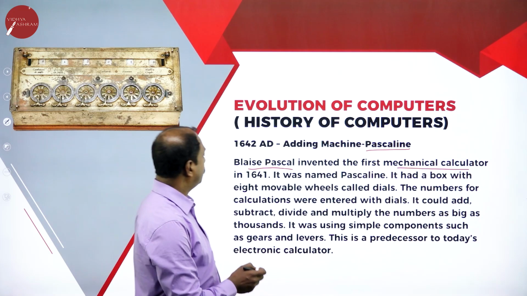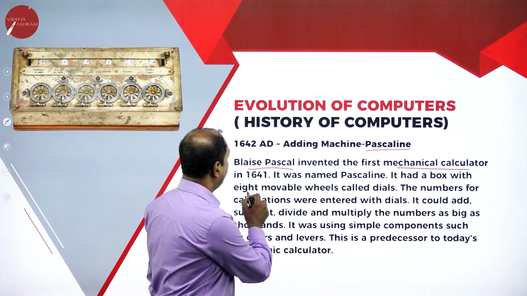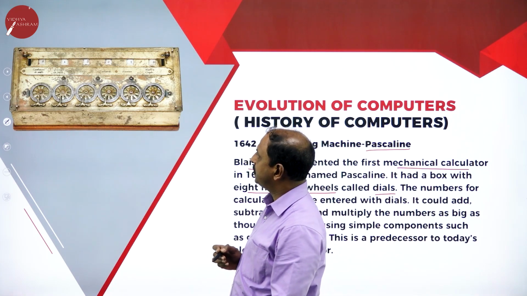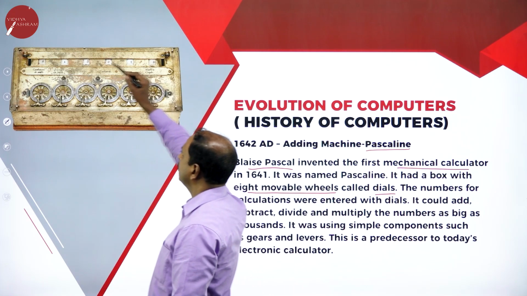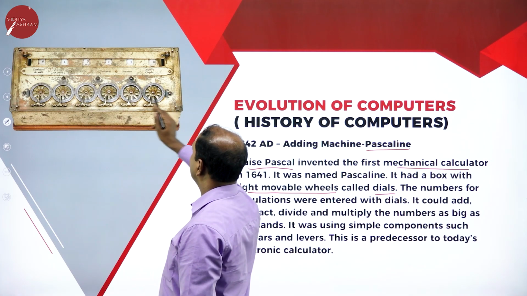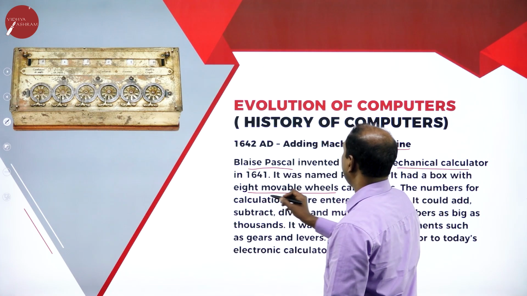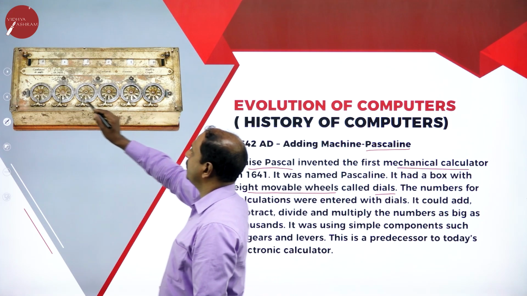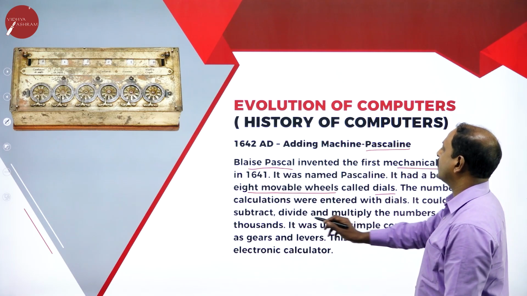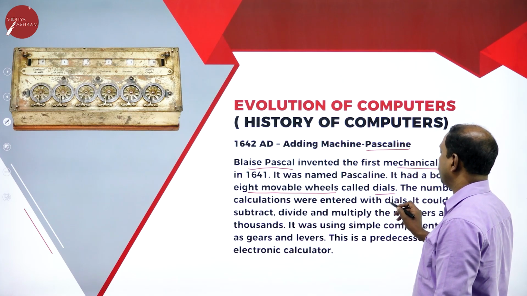It was named Pascaline. It had a box with 8 movable wheels, so-called dials. If you look at the picture here, this is a box. Inside the box, they used to fix dials. These are the dials, and there were 8 movable wheels, and the numbers for calculations were entered with the dial.